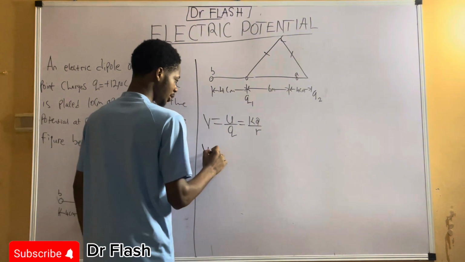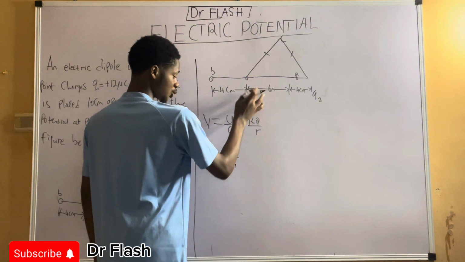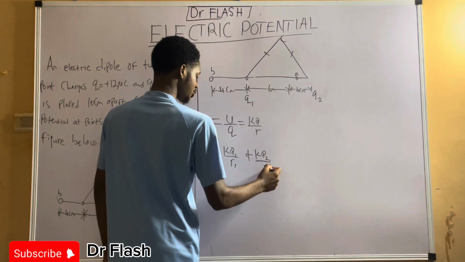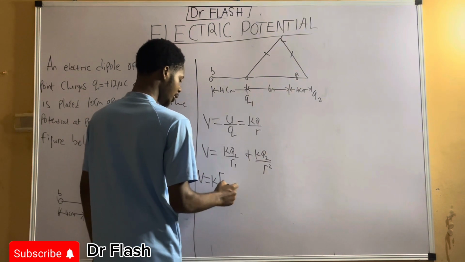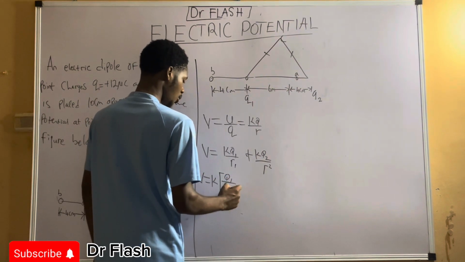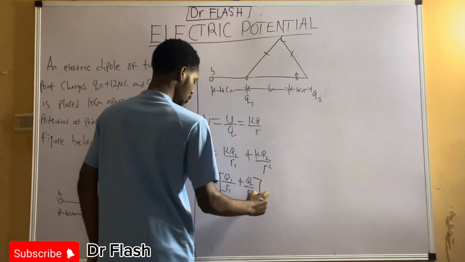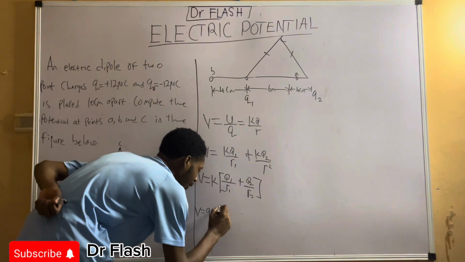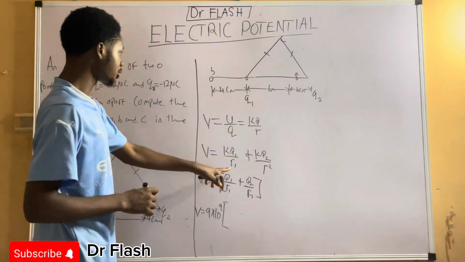So the electric potential will be equal to KQ1 over R1, for the first one, plus KQ2 over R2. Now K is a constant, so we can bring out K, and we're left with Q1 over R1 plus Q2 divided by R2. K has a value of 9 times 10 to the power of 9. In brackets, what is Q1?